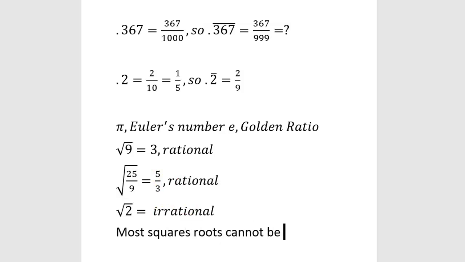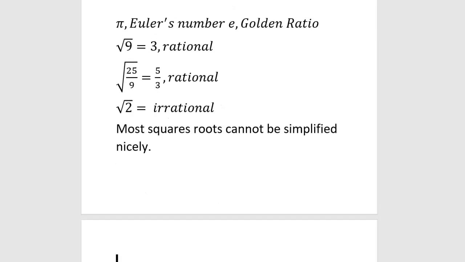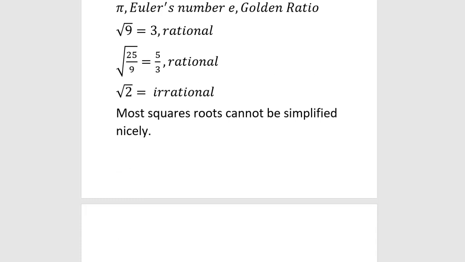Most square roots cannot be simplified so nicely, right? You just can't. So the square root of 2, the cube root of 2 is irrational. The square root of 3 is irrational. A lot of cube roots, the fourth roots and all that, they're all irrational.